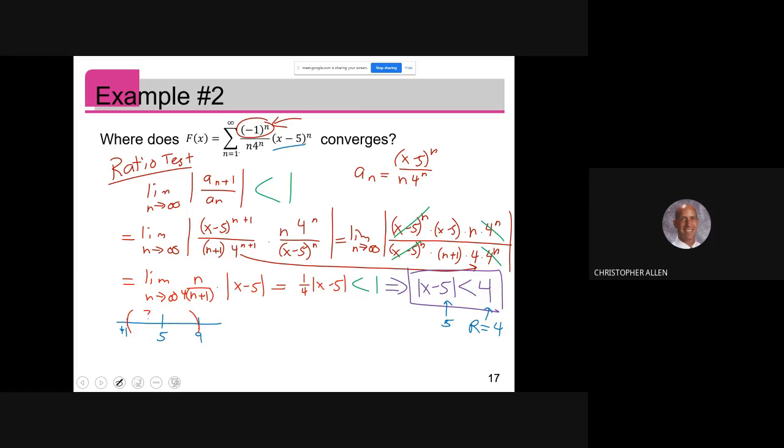Anything in here is good. This particular power series converges as long as we are less than 4 away from the center of 5. Does that make sense? Let me write this down. The radius of convergence is 4. Does everyone understand why the radius of convergence is 4?